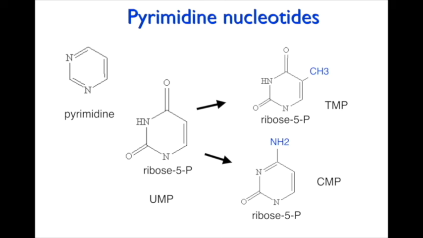For the synthesis of the pyrimidine nucleotides, first of all, UMP is formed, and you can see this is based on the pyrimidine structure here. And from UMP, we can synthesize TMP by addition of a CH3 group here. And from UMP, we can also form CMP by the replacement of this double bond O with an NH2 group here.